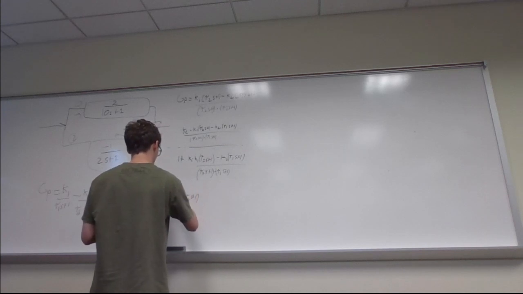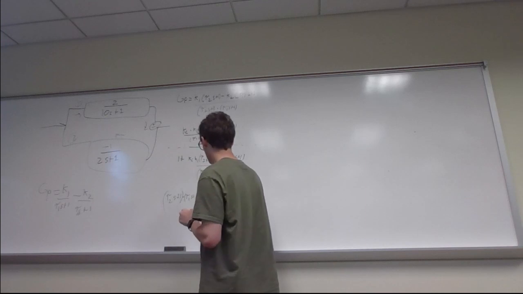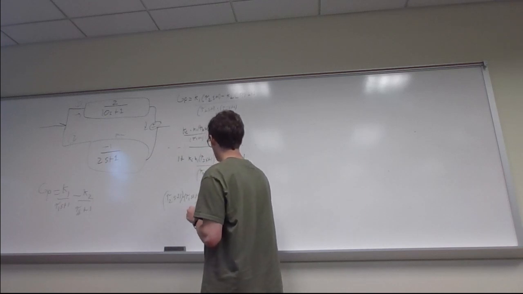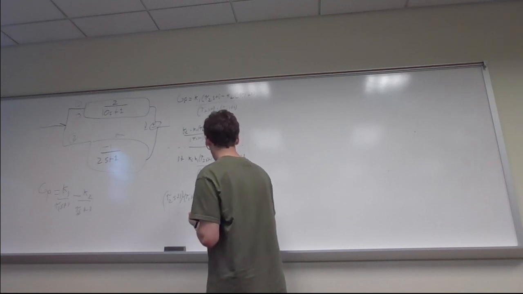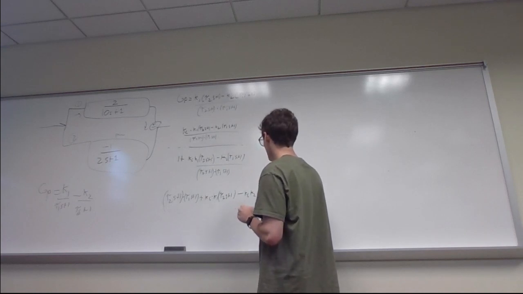Multiply, multiply. Now we're going to get plus Kc K1 tau 2 s plus 1 minus Kc K2 tau 1 s plus 1.